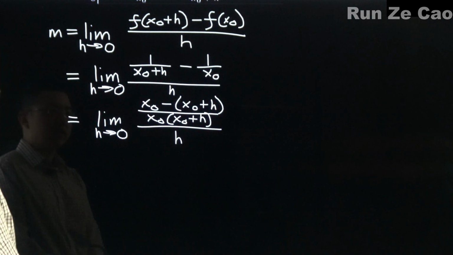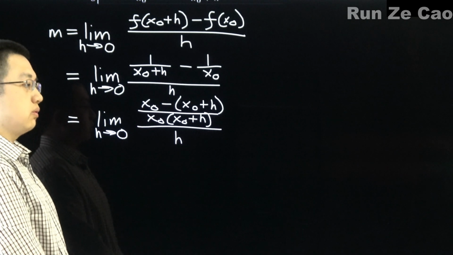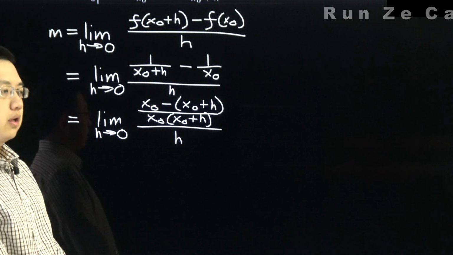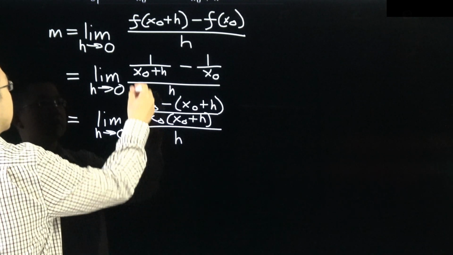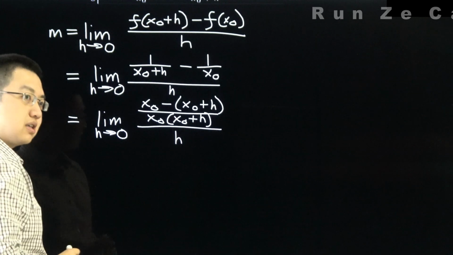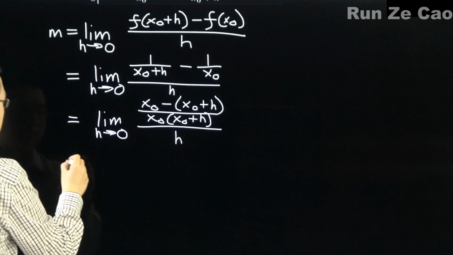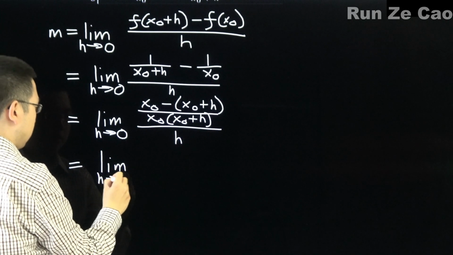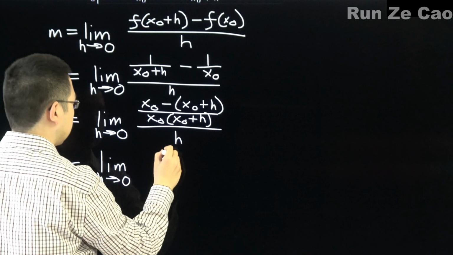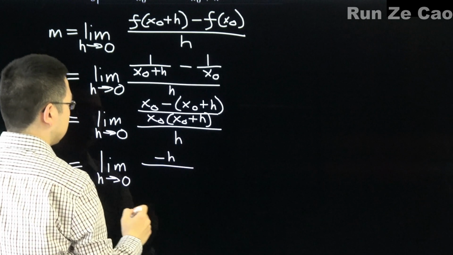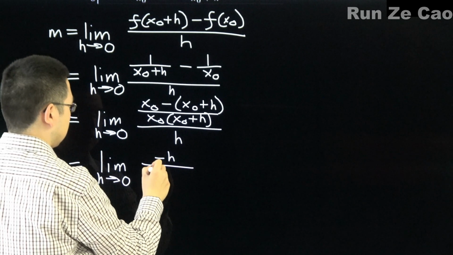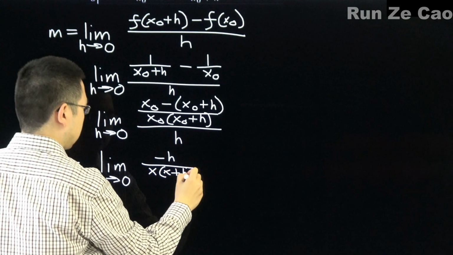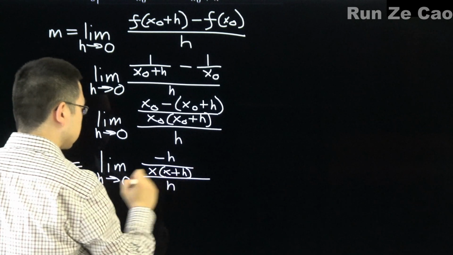What else could we get rid of? We don't care what x0 is, so we could just write this as just x. So what happens when we write it as just that and simplify at the same time? Well, we end up with negative h over x times x plus h, and this is all over h.